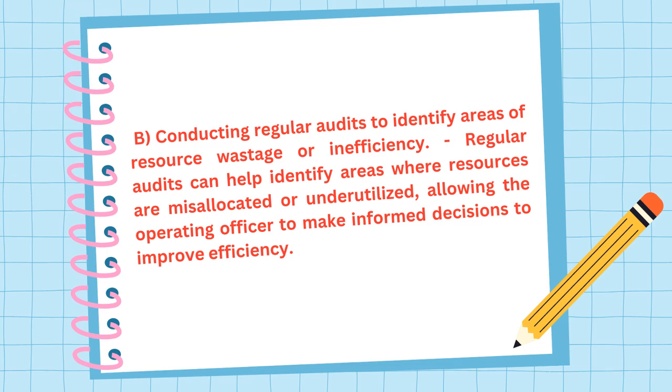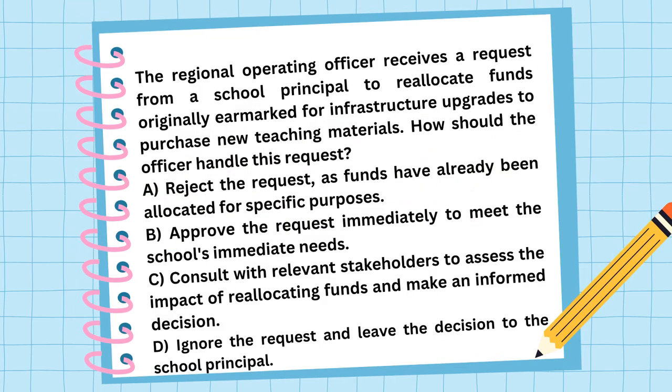The regional operating officer receives a request from a school principal to reallocate funds originally earmarked for infrastructure to purchase new teaching materials. How should the officer handle this request? Letter A. Reject the request, as funds have already been allocated for specific purposes.